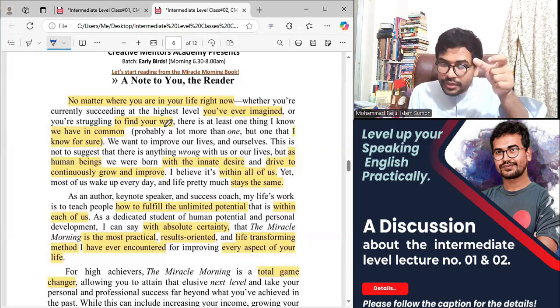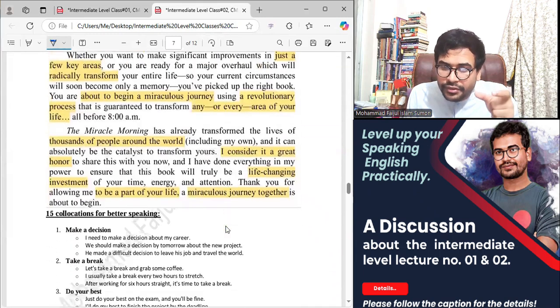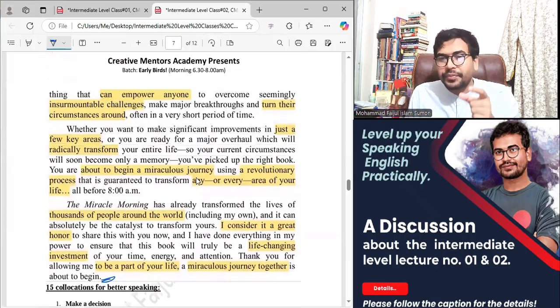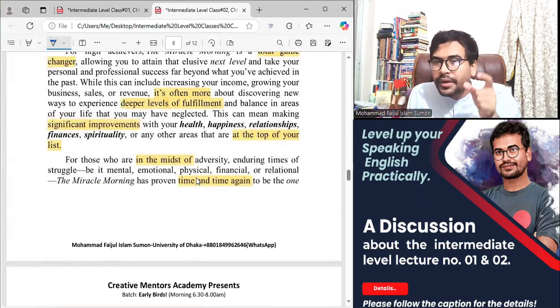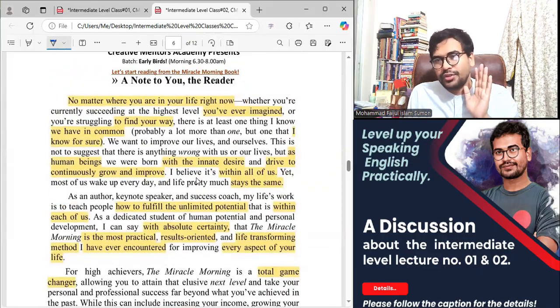So like this, you need to complete the whole page, I mean, to the end of the writing here. Then think about the text, whether you have got it or not.